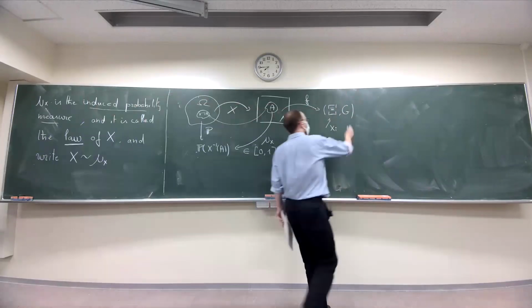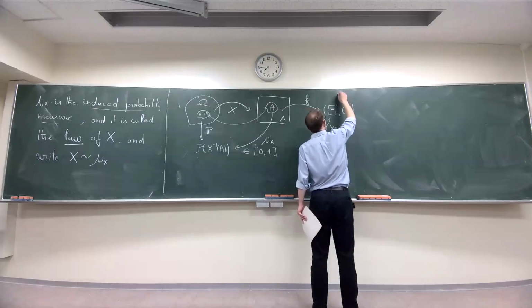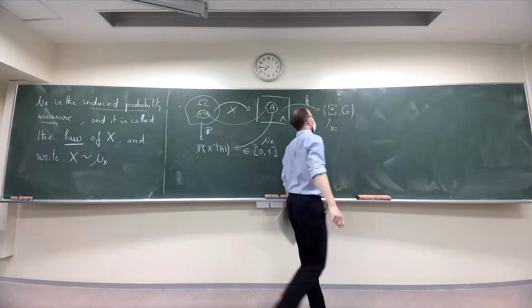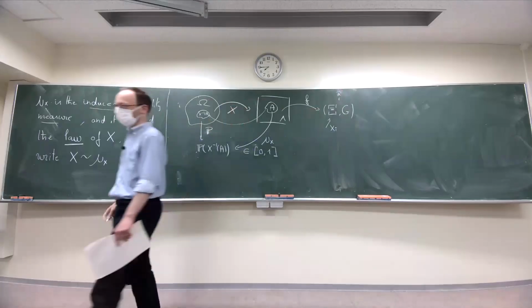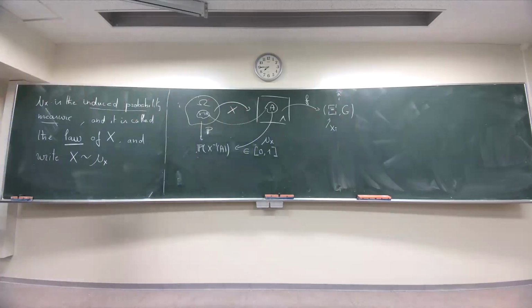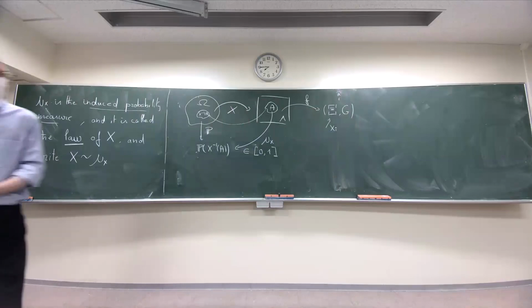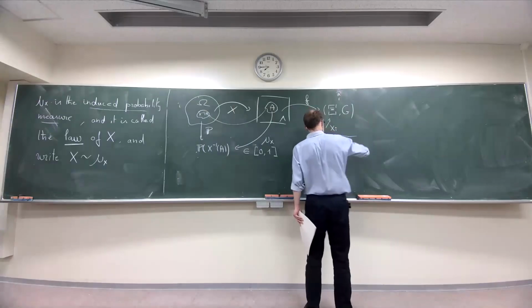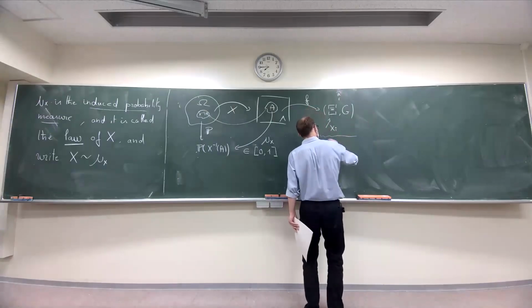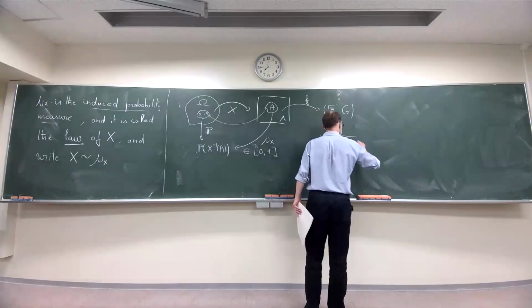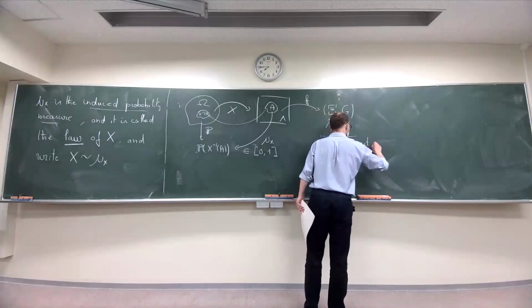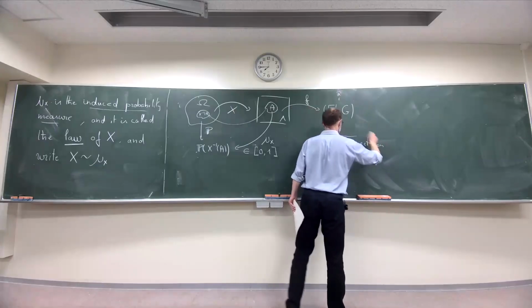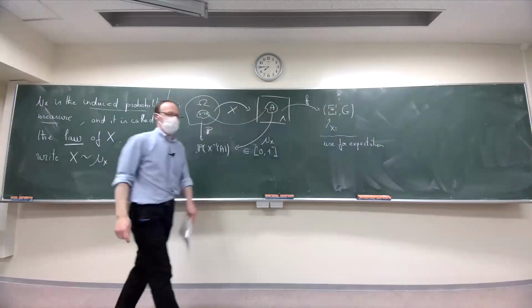Let me just say most of the time people are thinking about this as R. I'm very vague, so just don't copy. This is going to be used for expectation. We want to compute some expectation. So this is a space used for expectation.